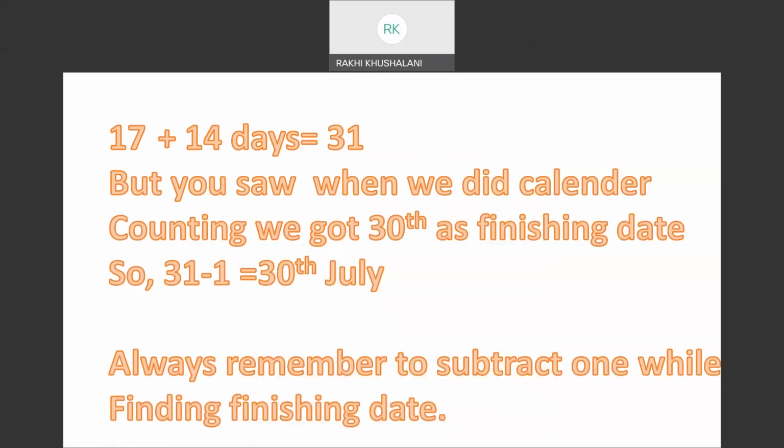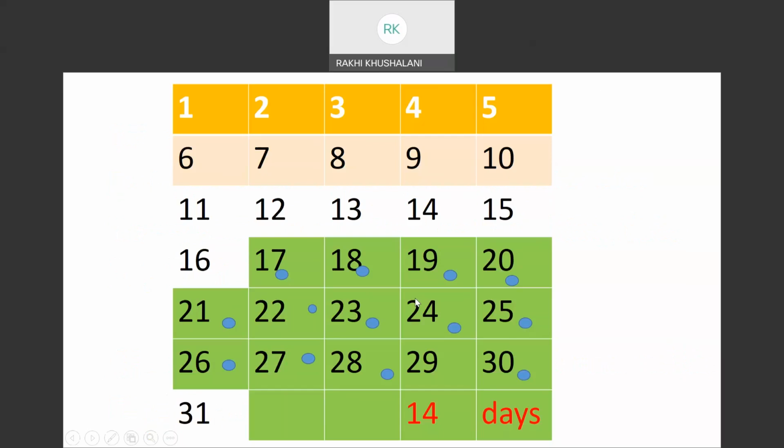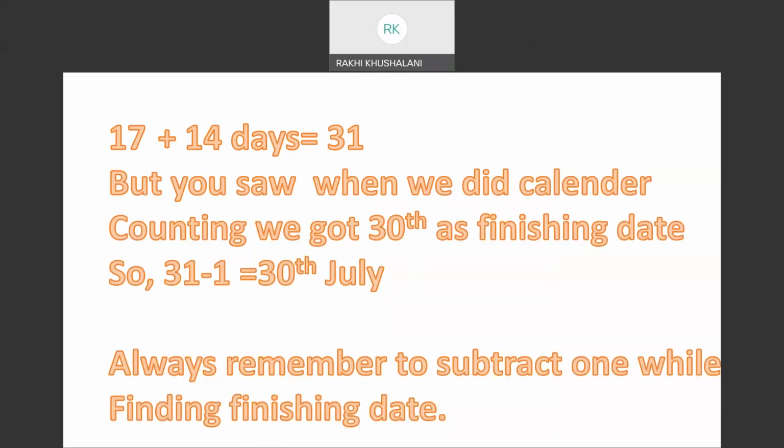So 17 plus 14 days, I get 31. But in the previous slide, you did not get 31 as the date. You got 30th as the date after counting 14 days. So you saw when we did calendar counting, we got 30th as the finishing date.